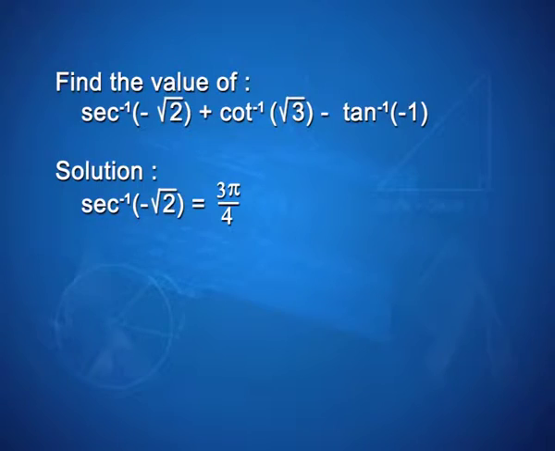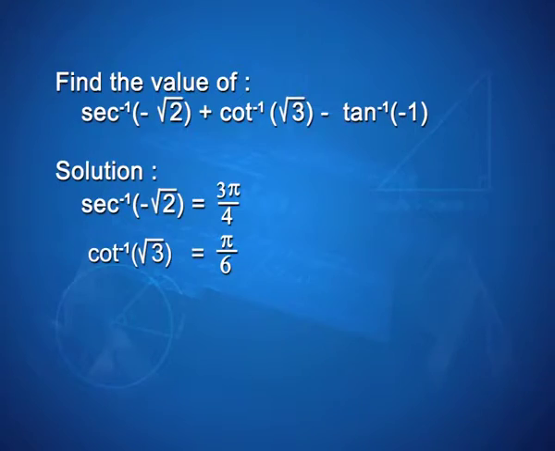I am looking at the first and the second quadrant except for pi by 2. So, sec y will be negative in the second quadrant, and therefore, y must be pi minus pi by 4, which is nothing but 3 pi by 4, and therefore, the principal value of sec inverse minus root 2 is 3 pi by 4.